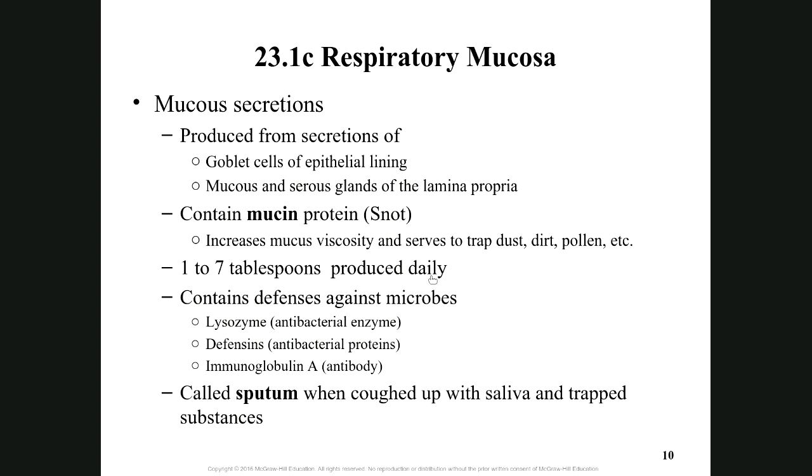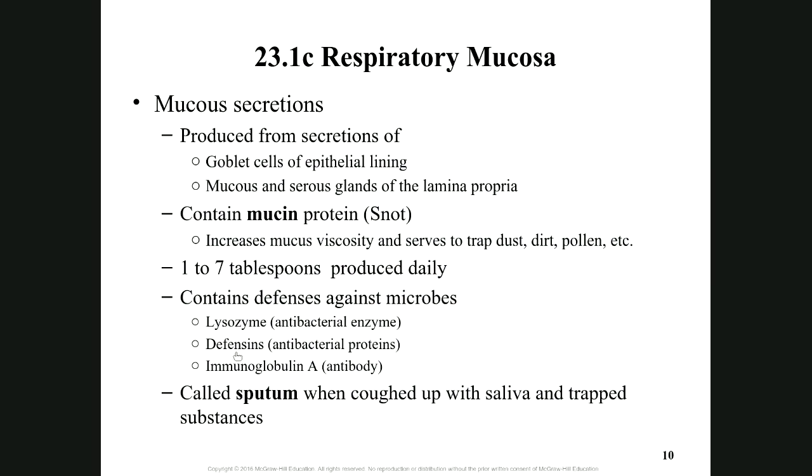In this secretion, we have serous secretion from the glands which we have in the lamina propria. These serous secretions contain lysozyme. Lysozyme has antibacterial activity and is an enzyme. We have defensin.